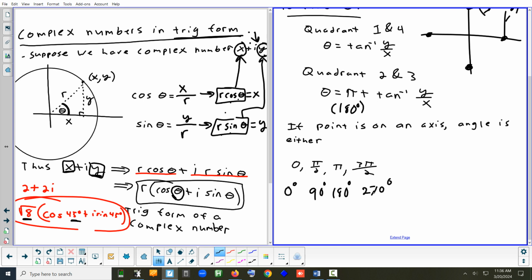I wrote them in radians and degrees. Okay. And that covers everything that we need to know about how to write a complex number in trig form: how you find the radius from the origin, and how you find the angle using inverse tangent.